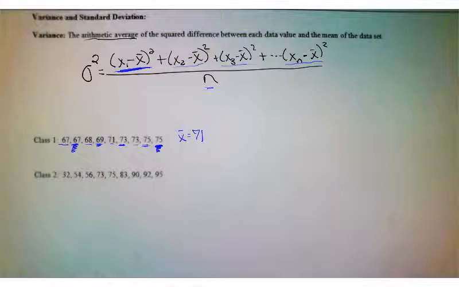It indicates that this data value of 67 is below the mean. Statistically speaking, when we're dealing with measures of dispersion, we don't care about direction. That means a data value like 75 and a data value like 67 are exactly in the same boat. They're both 4 away from the mean. So we don't care what direction you are from the mean. All we care is that you're not at the mean.